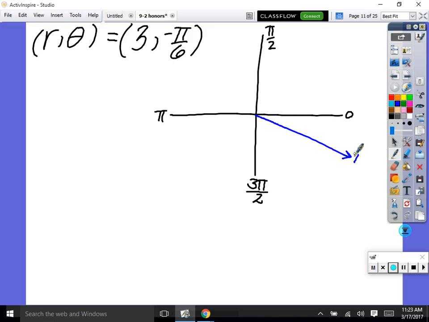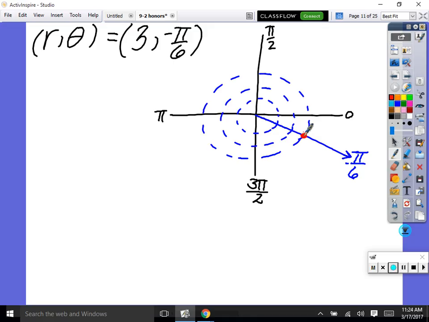So we have negative pi over 6, and then we're going out 3 units. So 1, 2, 3. We could picture our circles here, right? You can just draw that one, but I'm just showing you what it's looking like. That's where we're at. So that would be the way you draw your polar coordinates.